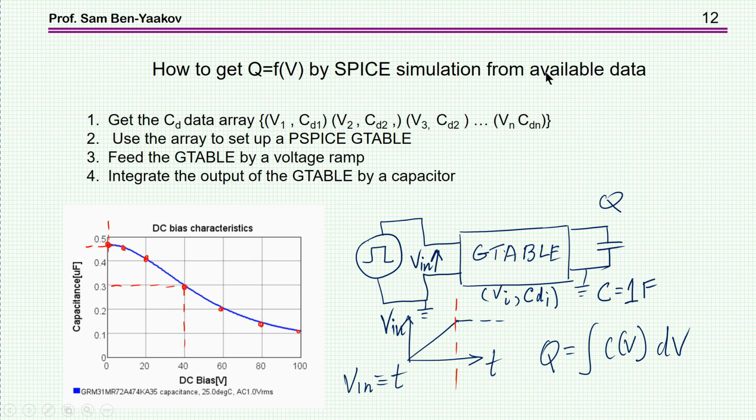Now, here is a suggestion of how to get the function of Q as a function of voltage by SPICE simulation. The idea is as follows. We start with this local capacitance, which is given by the manufacturer, and then we digitize it.